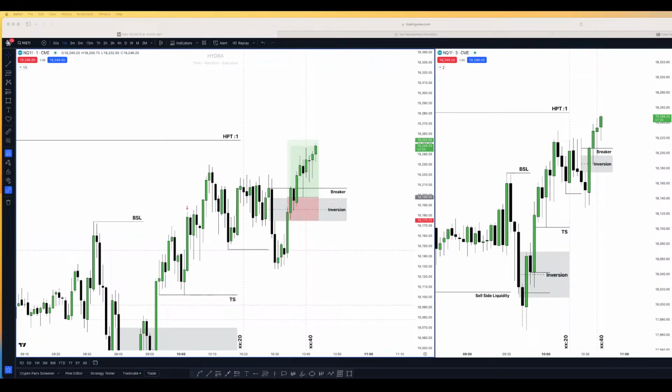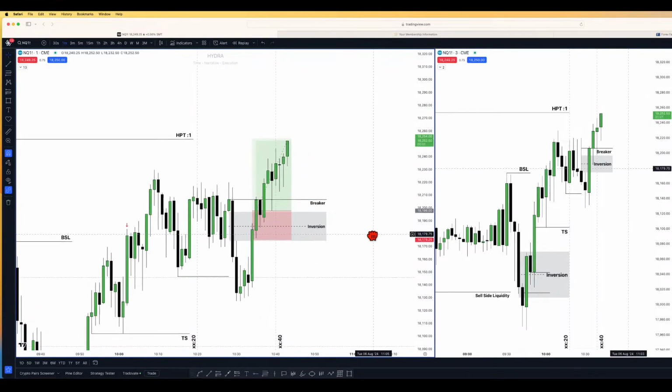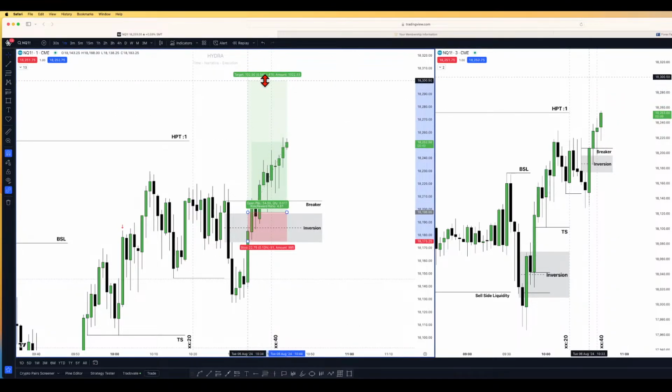Getting so close to TP. Damn, so target hit, leaving a runner now. I'm gonna close the runner at 18,300. Leaving a runner, guys, as I told you.